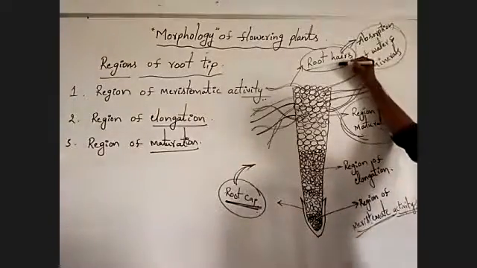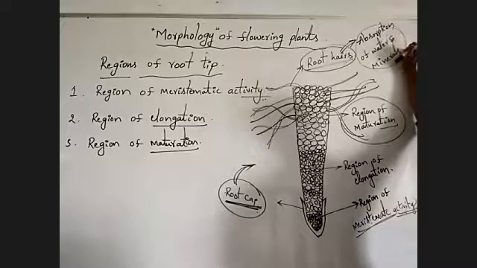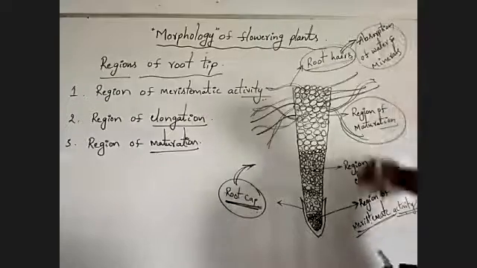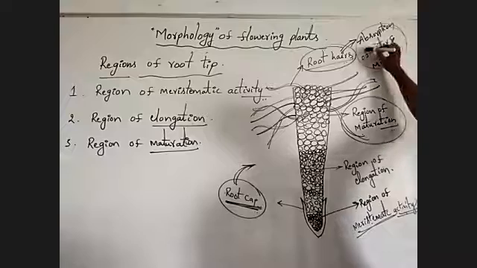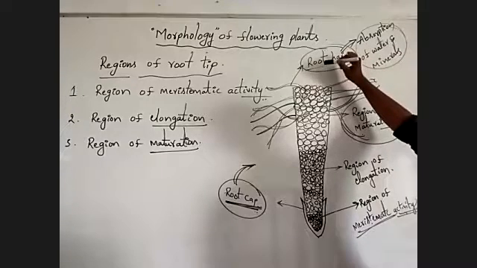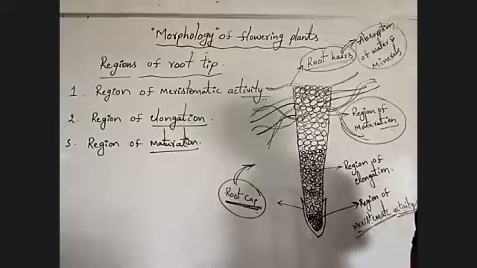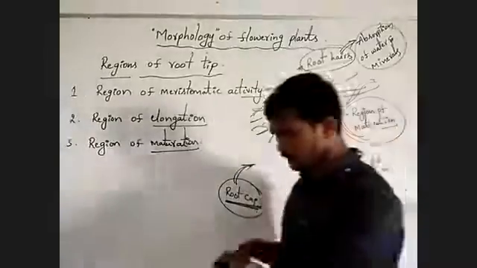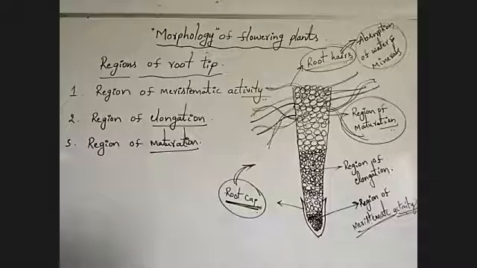Root hairs are involved in absorption of water and minerals from the soil. This is the main function of root hairs. Root hairs are developed from the region of maturation. Okay. These are three important regions present in the root. Observe one.